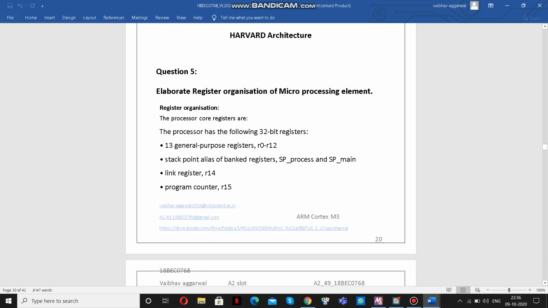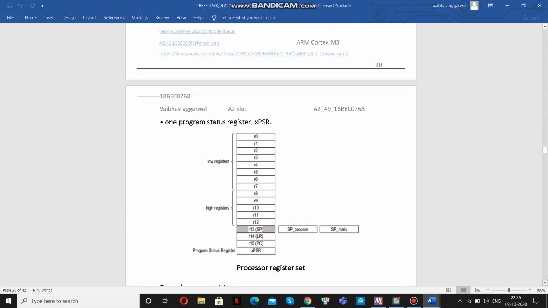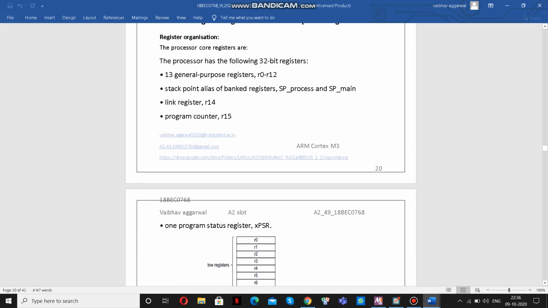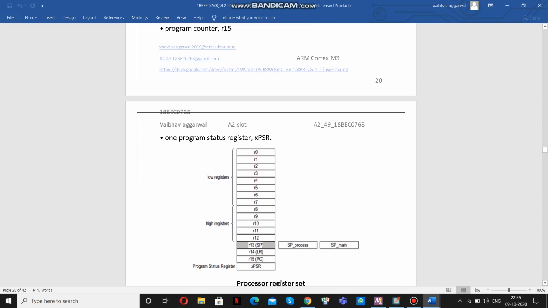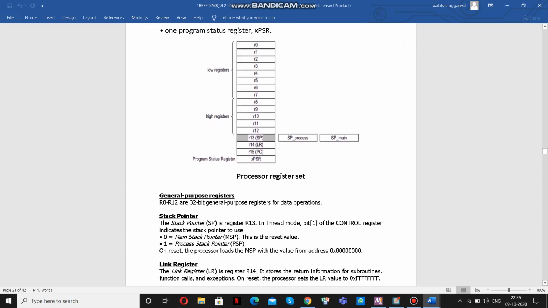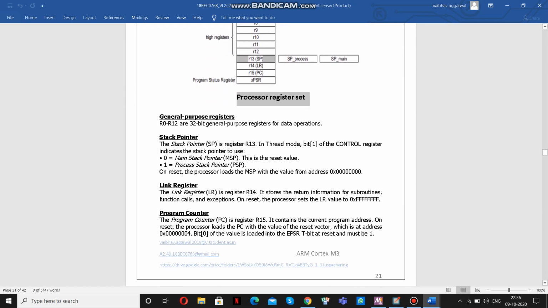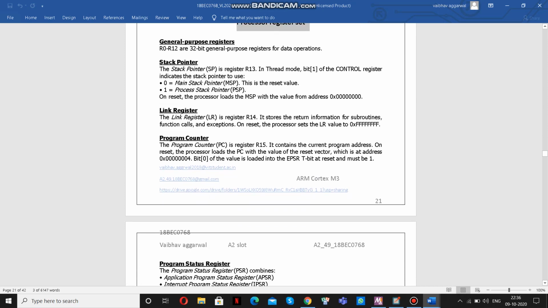The registers are 13 general purpose registers, stack pointer alias of banked registers, link register, program counter, one program status register, processor register set, general purpose registers, stack pointer, link register.